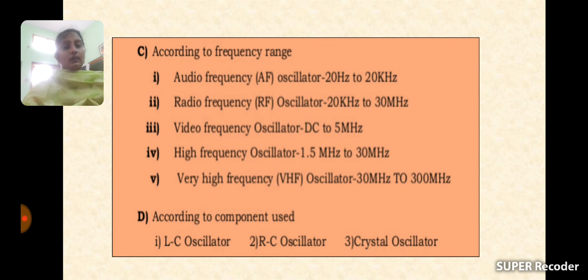And very high frequency oscillators will produce signals having frequency from 30 MHz to 300 MHz. And the last one is what? According to the components, they are again classified into LC oscillator, RC oscillator as well as crystal oscillator.